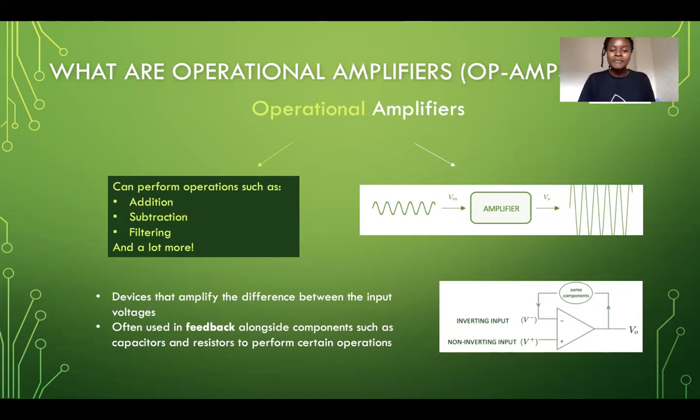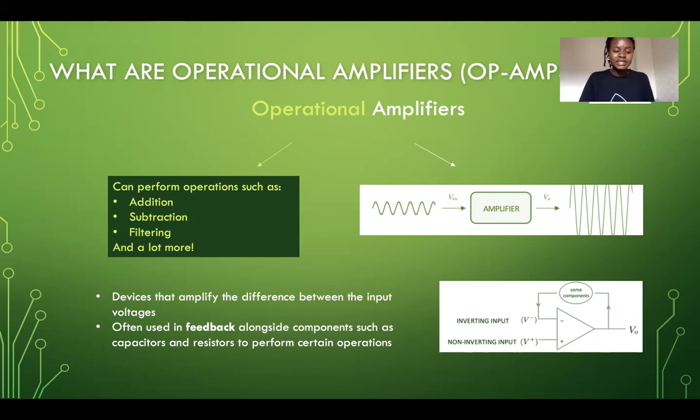And amplifiers just means what it says. It can amplify input voltages to much bigger output voltages. So we're talking about, for example, going from 10 millivolts to like 5 volts. We'll go into detail about why this is super important later.